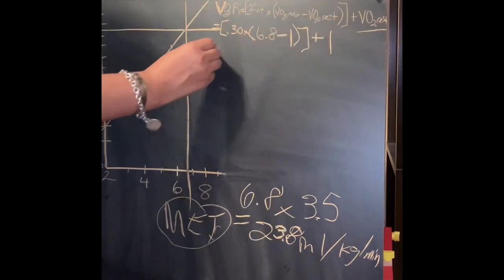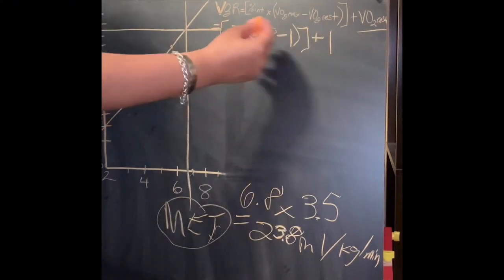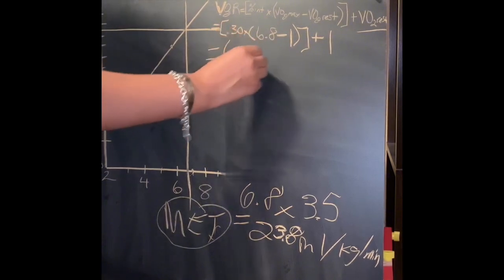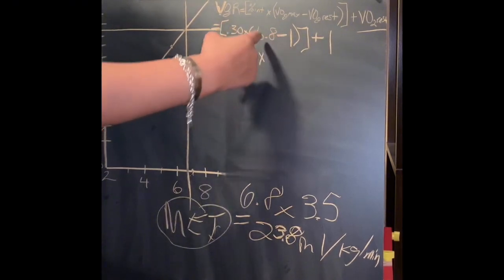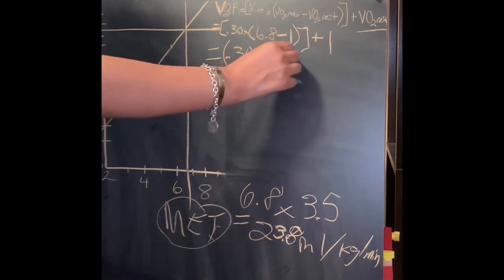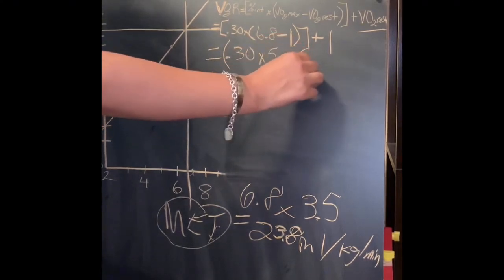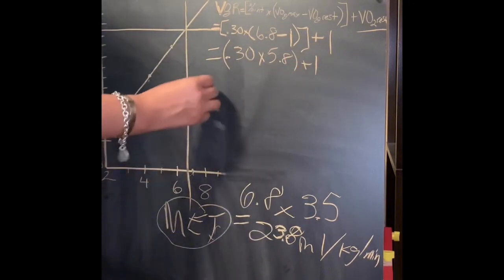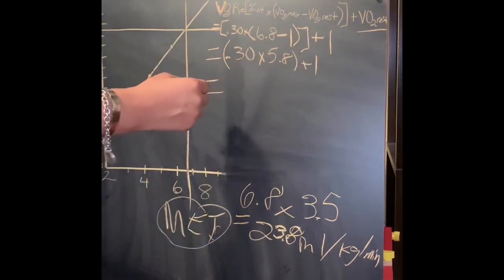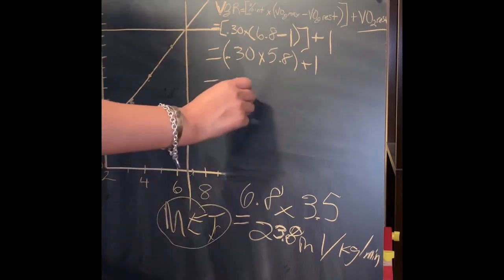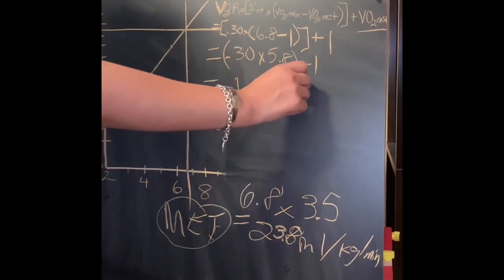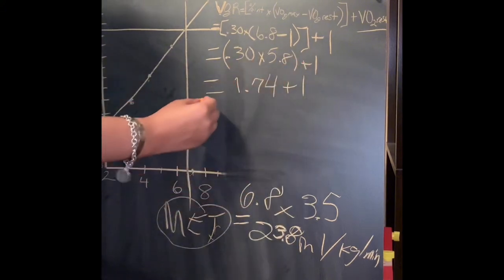All right, and then we just calculate this out. So 0.30 times 6.8 minus 1 is 5.8 plus 1. All right, then 0.30 times 5.8 will give us 1.74 plus the 1.